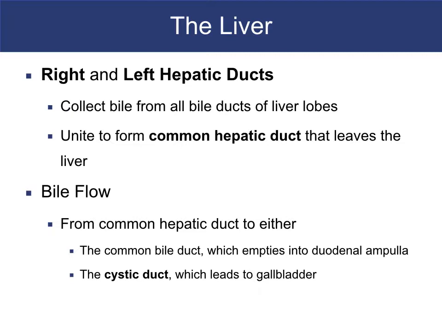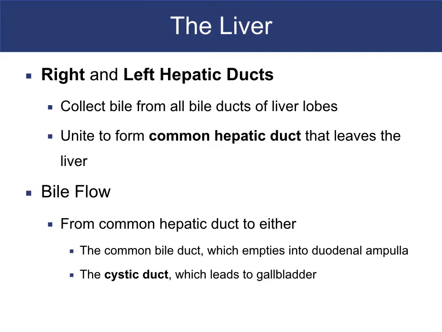From the point where the common hepatic duct and the cystic duct come together, this tube right here is now called the common bile duct. The common bile duct comes down here, passes behind the duodenum, and comes through this thing here, which is called the pancreas.